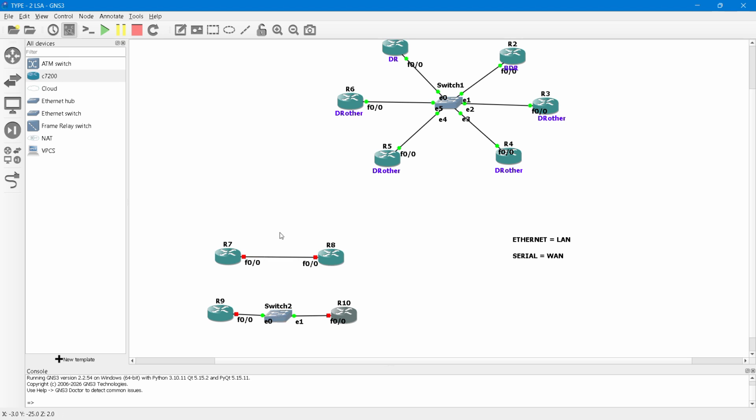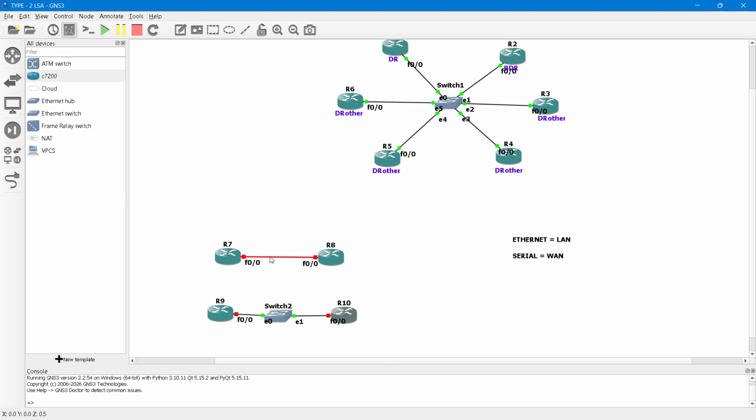So both of them are the same. Now, to revise what we have learned in this lecture: when we want the routers to become the designated router or backup designated router, we use Fast Ethernet.